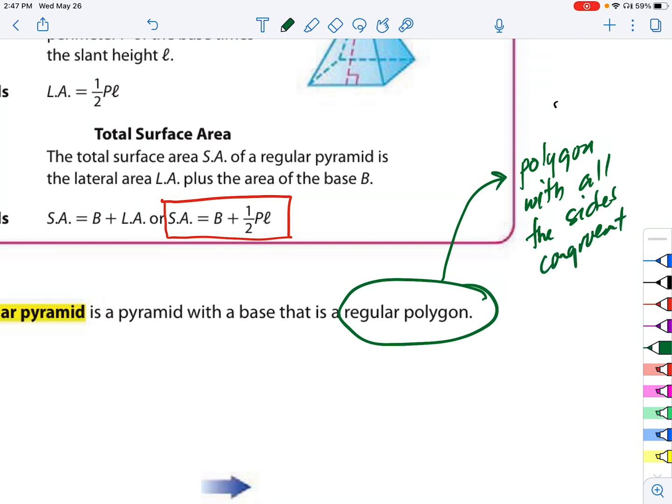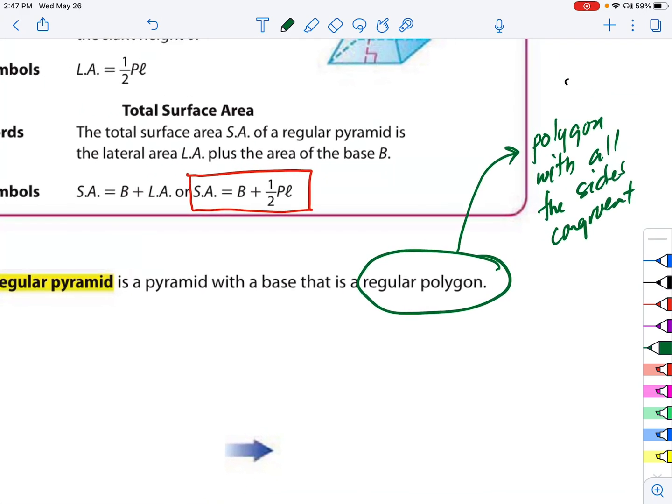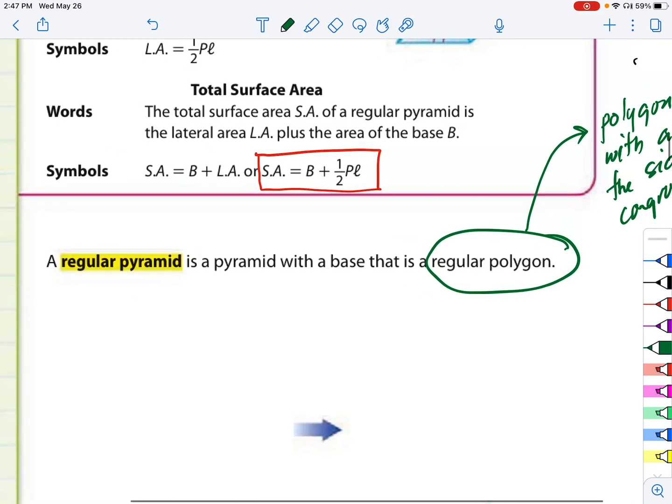A good example is a square. All the sides are congruent in a square, so that's a regular polygon. An equilateral triangle is a regular polygon. For as long as all the sides are congruent, that's what we call a regular polygon. And when a pyramid has a base that is a regular polygon, we call that a regular pyramid.